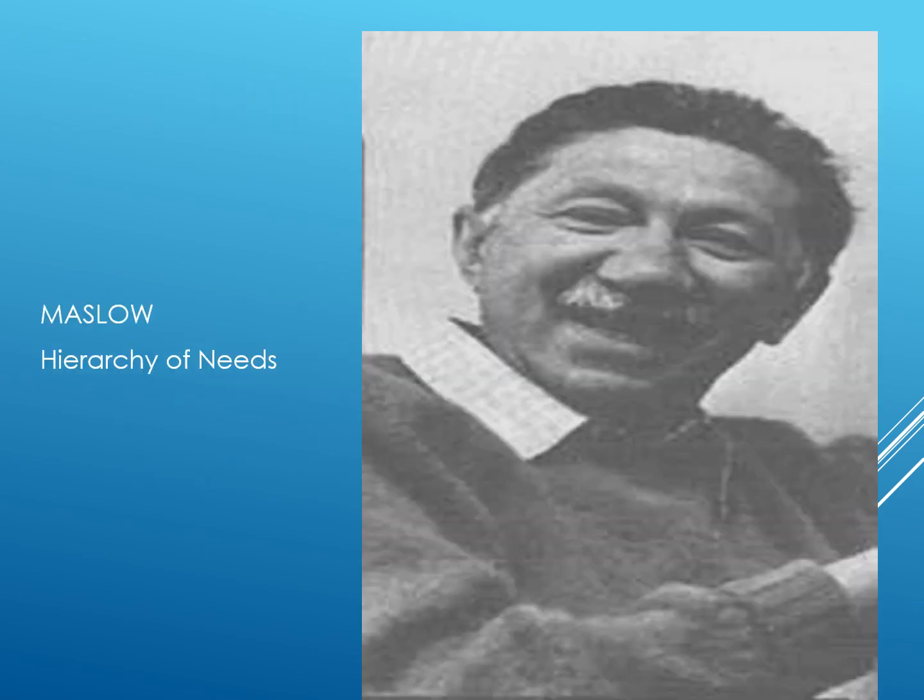Here we have a picture of Dr. Maslow, the father of the hierarchy of needs. Dr. Maslow was born in Brooklyn, New York. He initially went to school for law, and then he decided to pursue psychology at the University of Wisconsin.